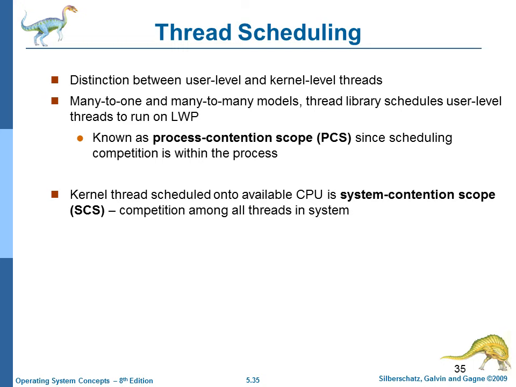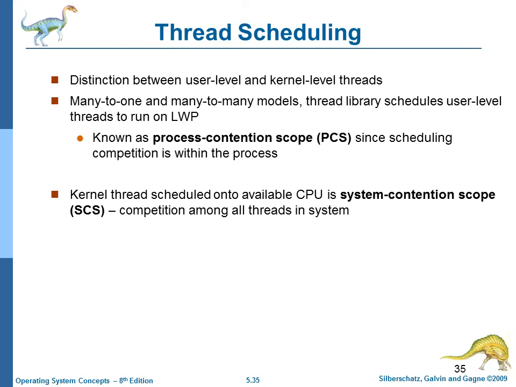System contention scope, SCS, involves the system scheduler scheduling kernel threads to run on one or more CPUs. Systems implementing one-to-one threads, like XP, Solaris 9, and Linux, use only system contention scope.